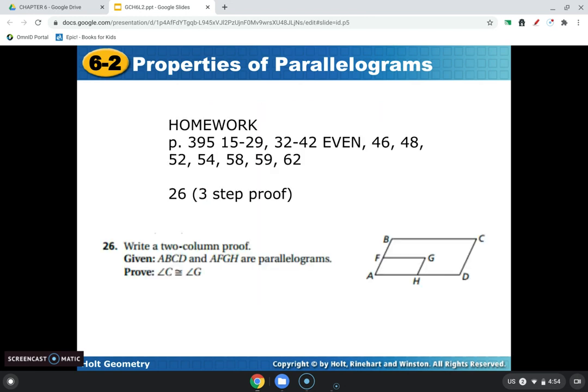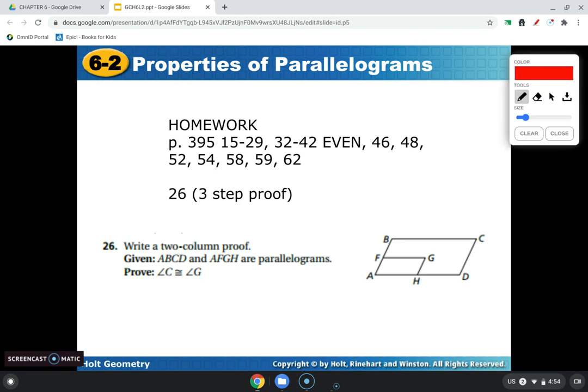Okay, let's go through one more parallelogram proof here. We know these are parallelograms. Prove C is equal to G. All right, so we've kind of got our given already. Trying to prove angle C is congruent to G. Well, how do we know? If they're both parallelograms, A and G are the same, and A and C are the same.